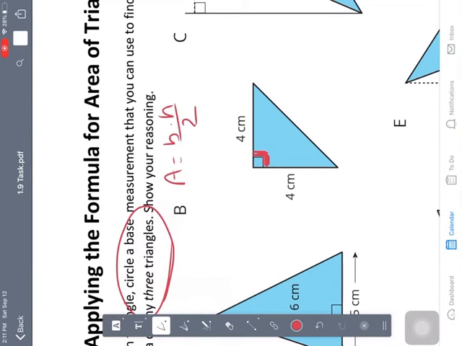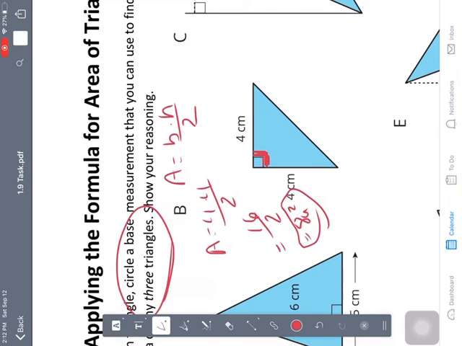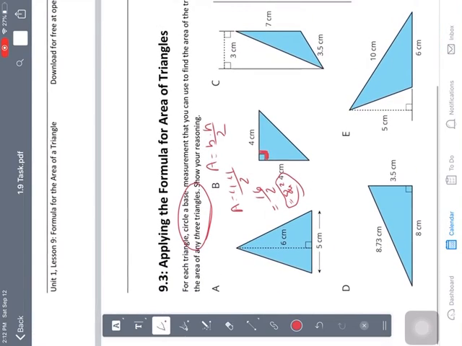So area equals 4 times 4 divided by 2. 4 times 4, obviously, is 16. 16 divided by 2 equals 8 units cubed. Okay, so that is the answer for B.